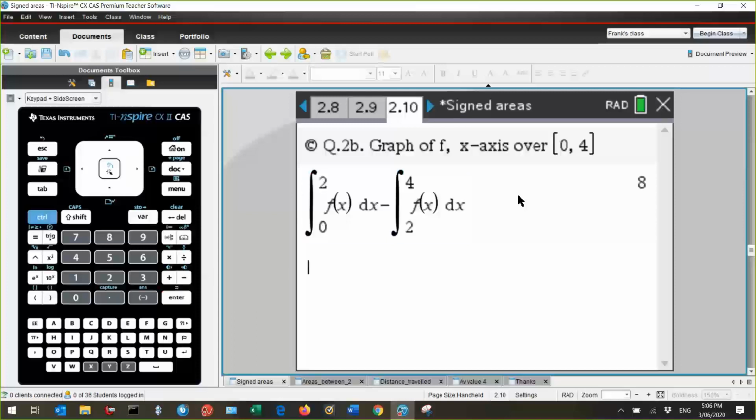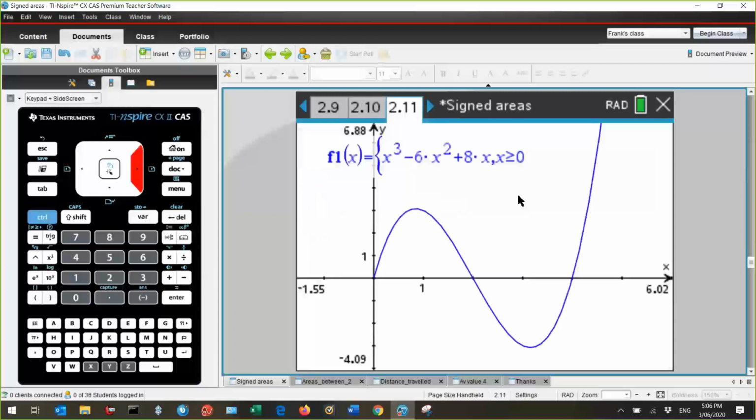If I want to do this in the calculator application, integral's not going to help me because that gives me the signed area, but I can use bounded area.